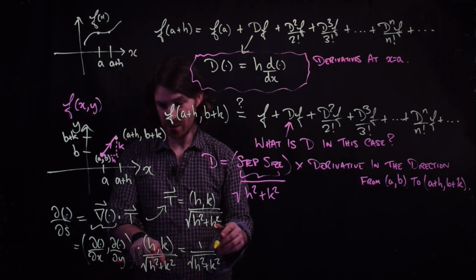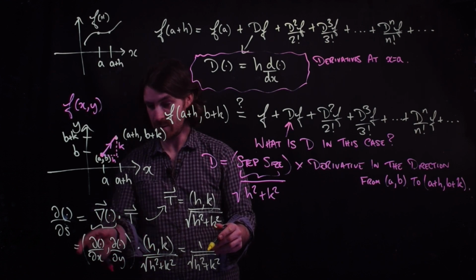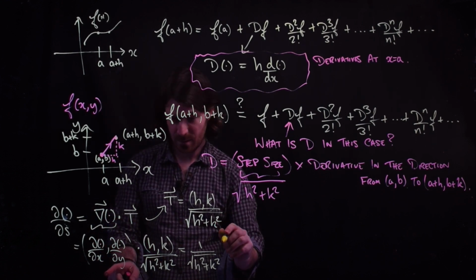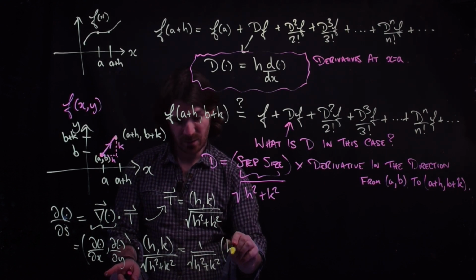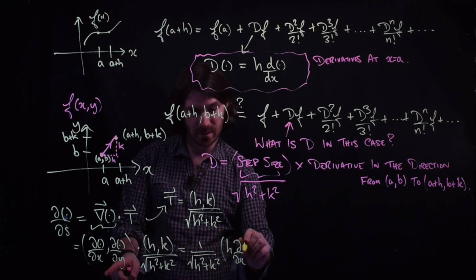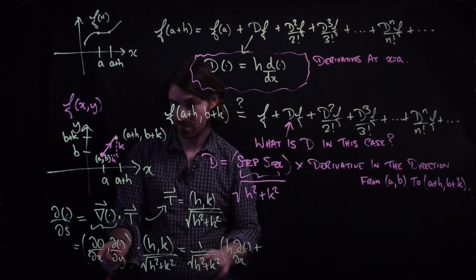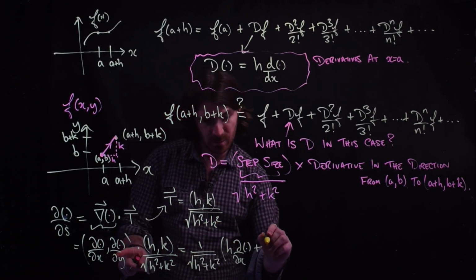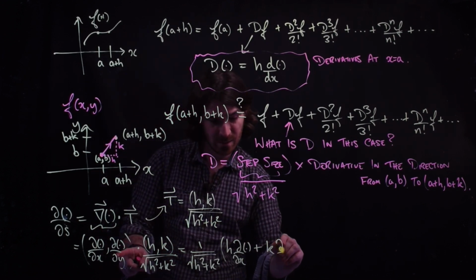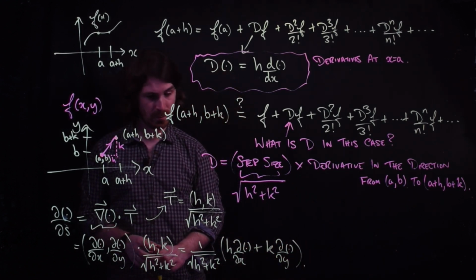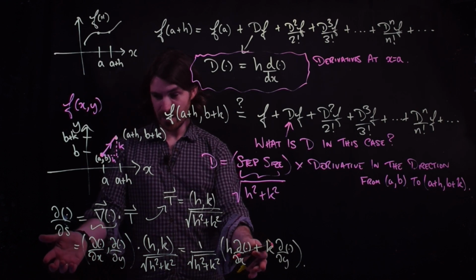And h is just a number, so we can swap the order of h in the differential. So we get h d by dx acting on something plus, it's a dot product, so it's this times this plus this times this, plus k d by dy acting on the something. Okay, so this is our directional derivative.